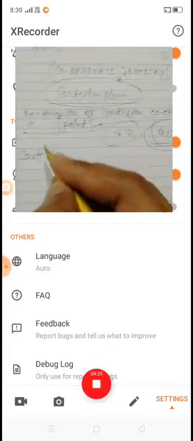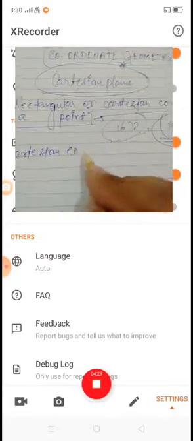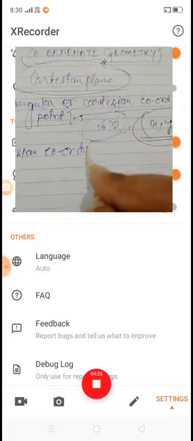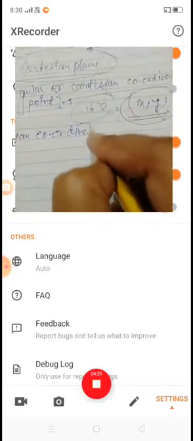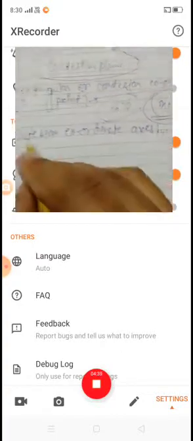Cartesian coordinate axis. We explain the Cartesian coordinate axis.